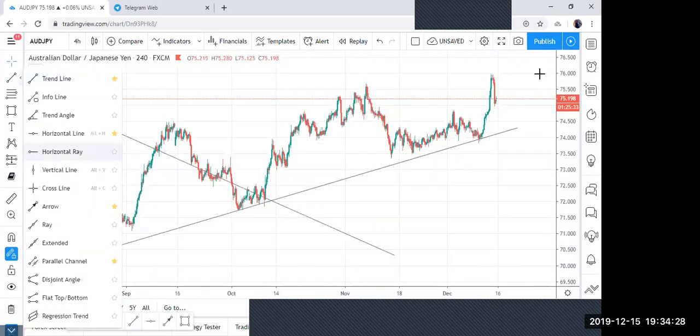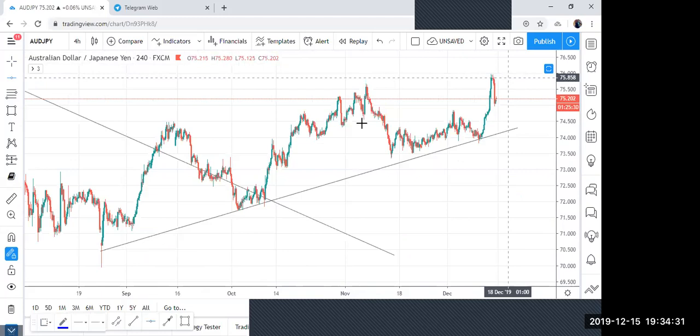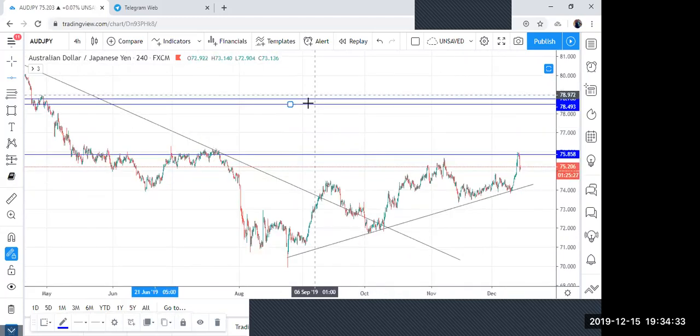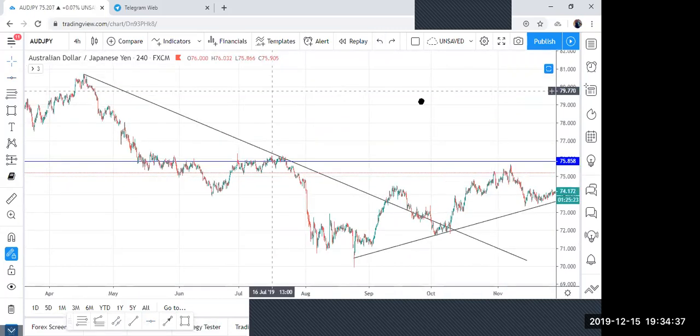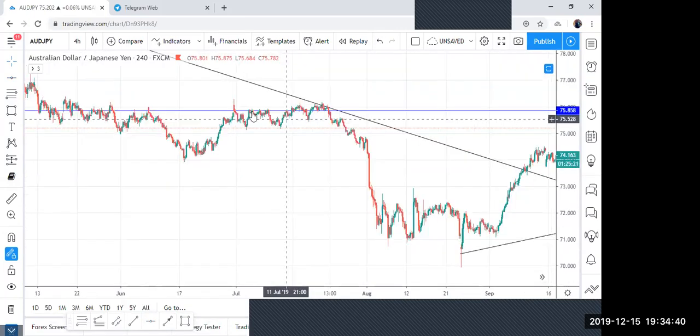Let's drop a line on this to see why price stopped here. I see a lot of resistance here.